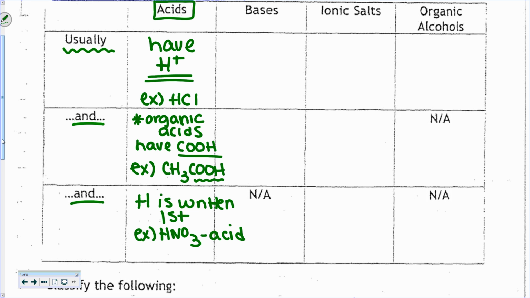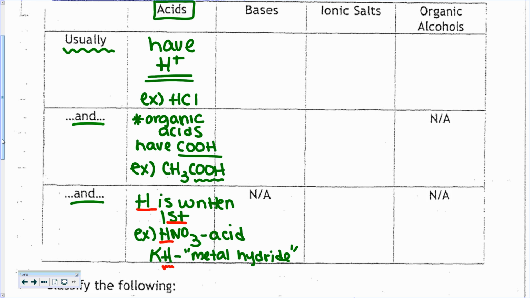If I look at something like KH, that is not an acid. This is called a metal hydride. That is not an acid. So you want to notice that I have H written first. Here I have H in front. Here I have H in back, which alerts me that's not an acid.